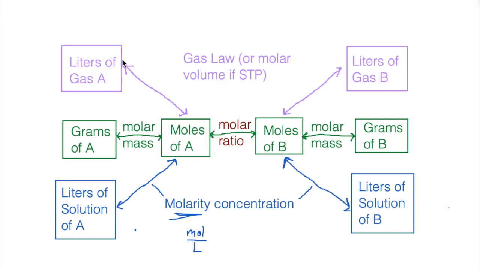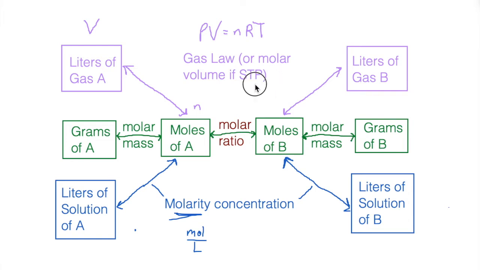For gases, the liters of gas, which would be the volume, and the moles of the gas, which would be n, the number of moles, are related with the ideal gas law. So you can use PV equals nRT to find the relationship between the liters of gas that you have and the moles of gas that you have.